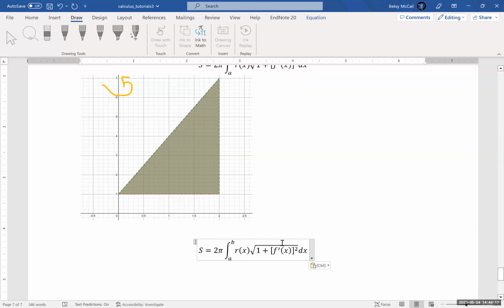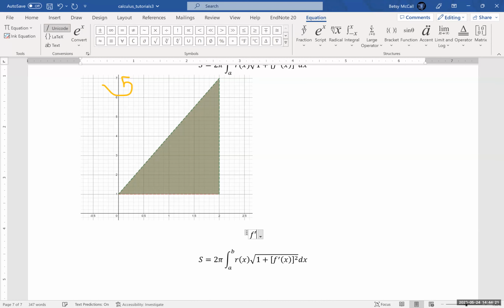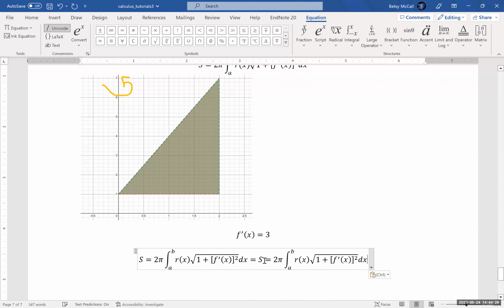That's all still true. F prime of x is still 3. More. That's still 3. That's the inner radius. If I'm thinking about that volume of revolution, that surface area.